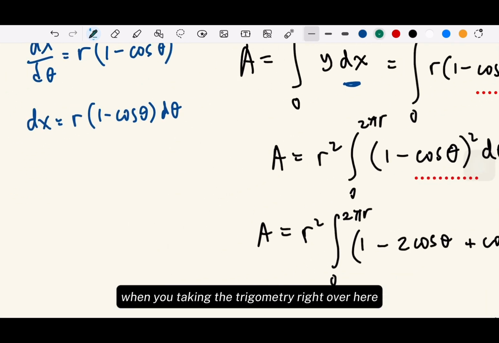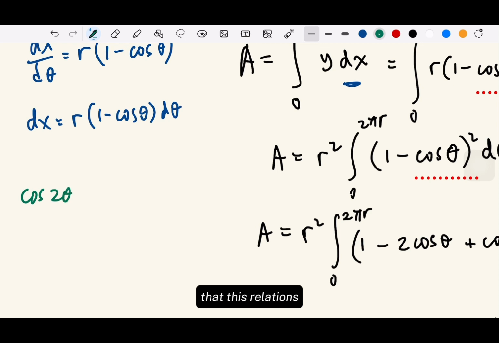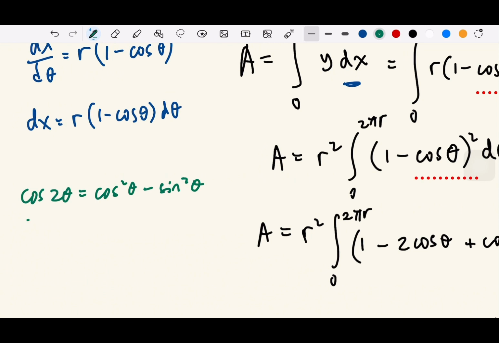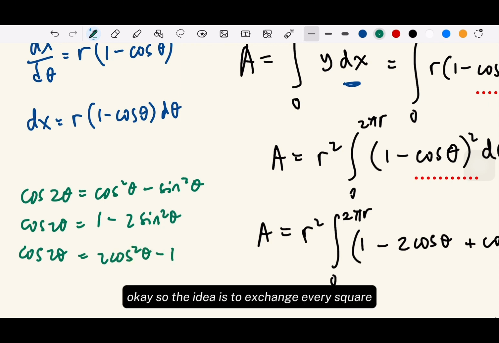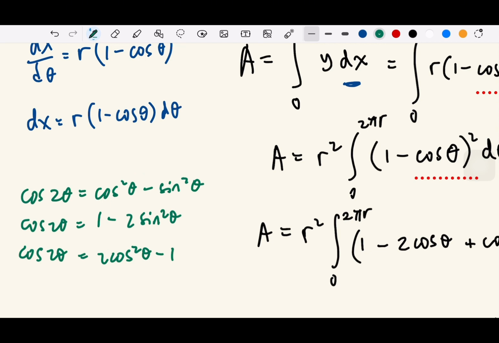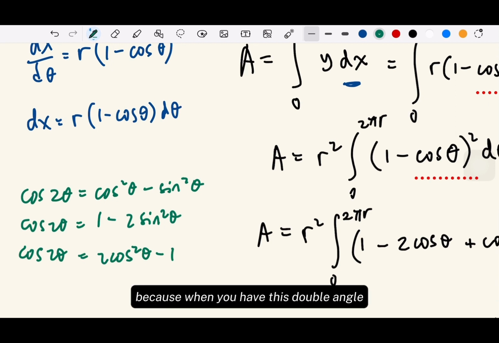We write over here this relation, the 1 minus 2 sine squared. The idea is to exchange every square into the double angle, because when we have this double angle, we can integrate easily, right?